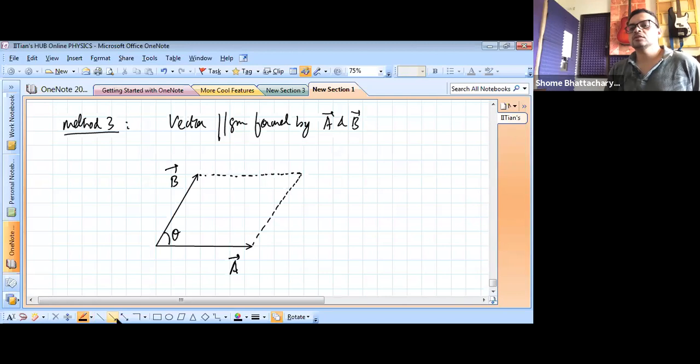So if we were to consider the sum triangle, that would have been a triangle like this. And this would have been the sum. So that sum is contained over here. It is this diagonal.